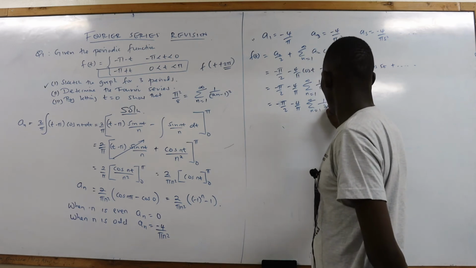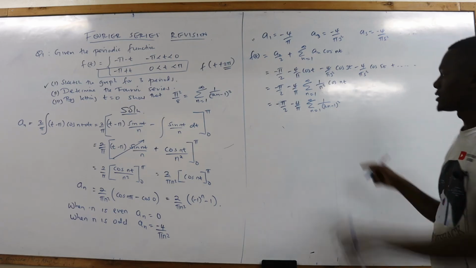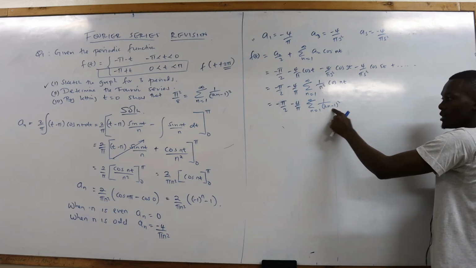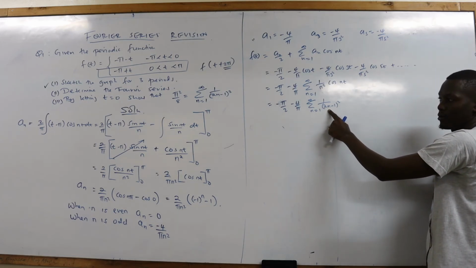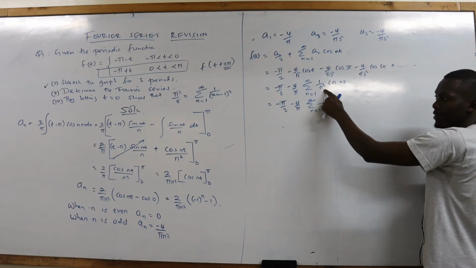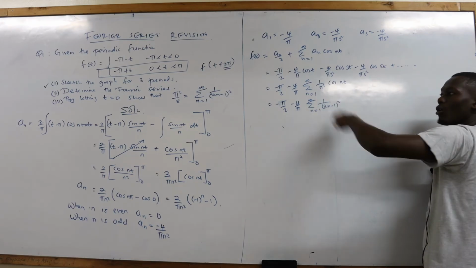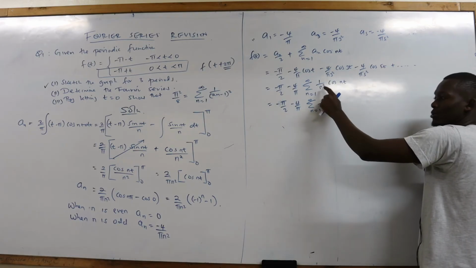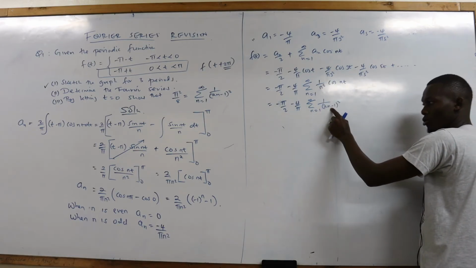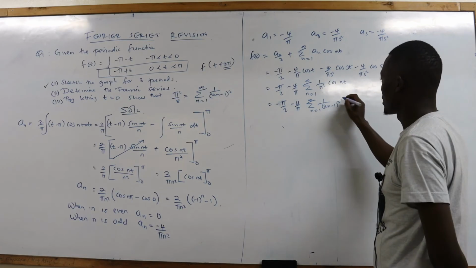Our values are only n minus 1 squared, where this one just represents what? Odd numbers. So we have to be very specific that our n value is not all values of n. No, it is when your values are odd numbers, and odd numbers are represented by this.